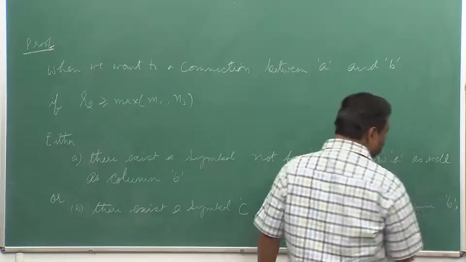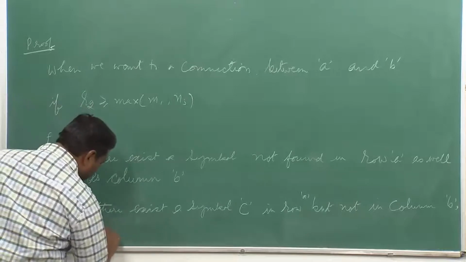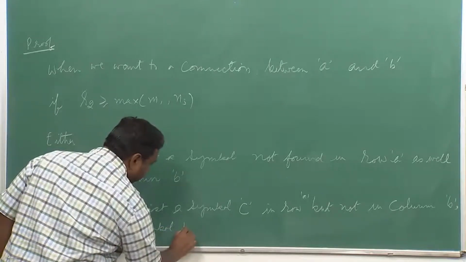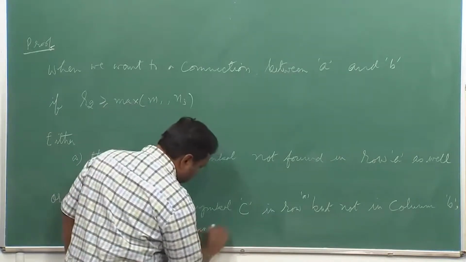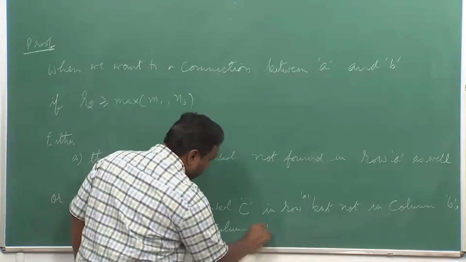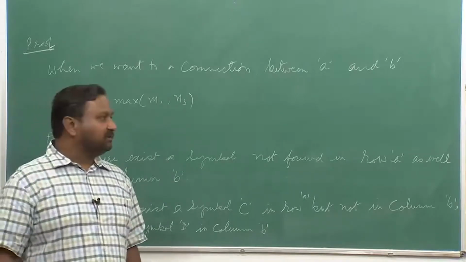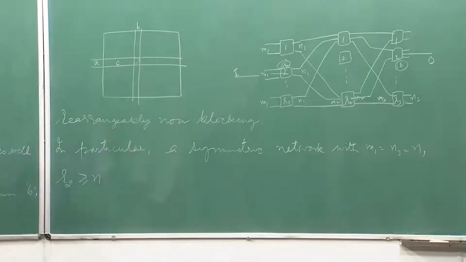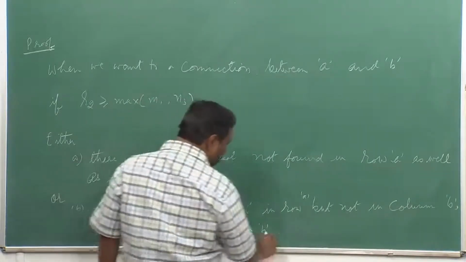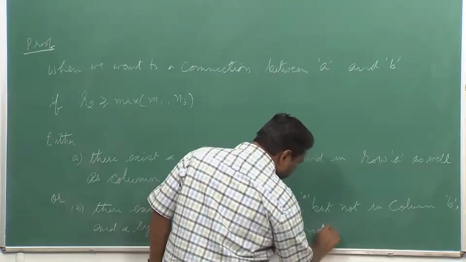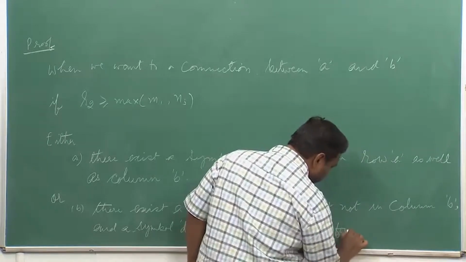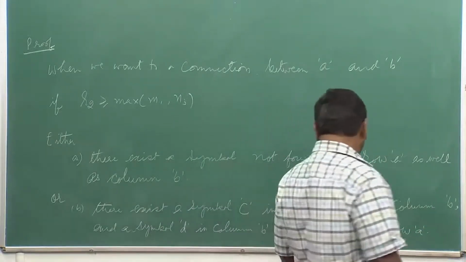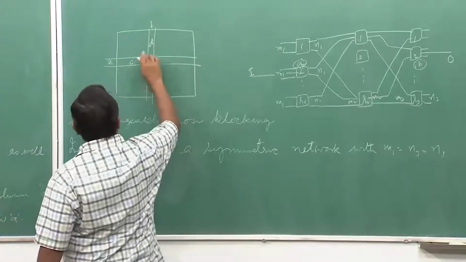Also, not only this will be happening, you should also find a symbol D. So, you will find a symbol C which is there in row A, but it is not in the column B. There is some C here, but it is not present in the column, and you will also find a symbol D which is in column B, but not found in row A. So, there is also going to be a symbol D. So, C and D, the pair will be existing.